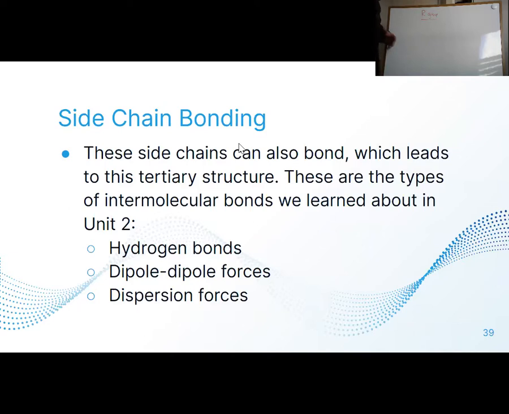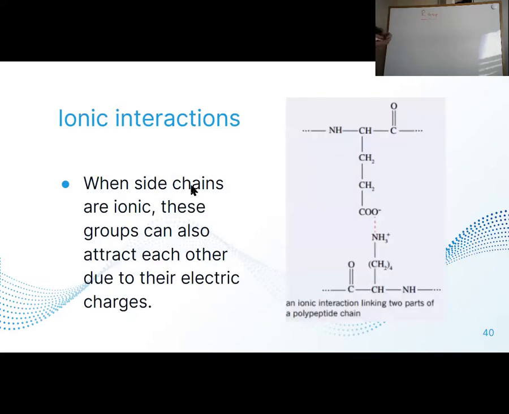So the R groups can further twist the protein into different shapes through hydrogen bonds, dipole, and dispersion, as well as ionic interactions.